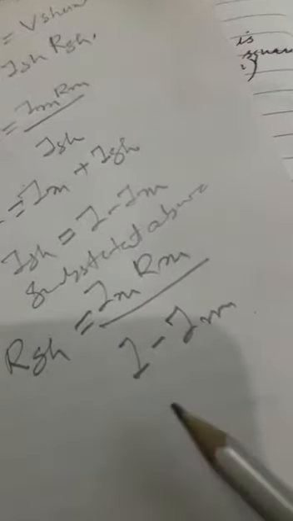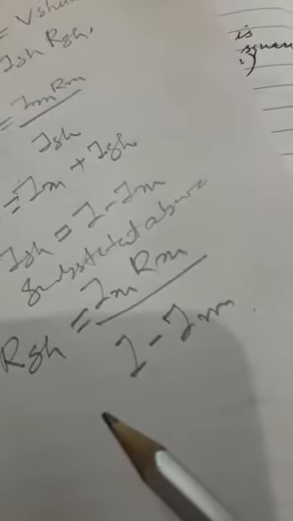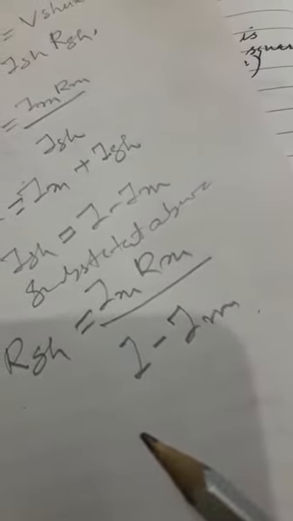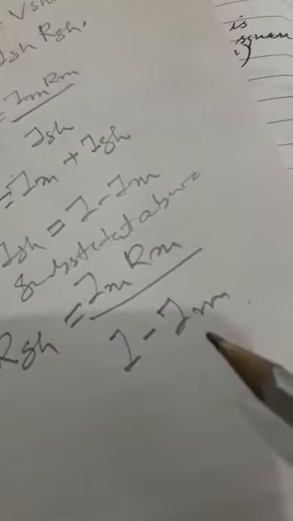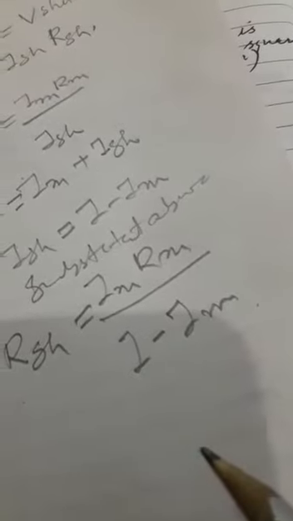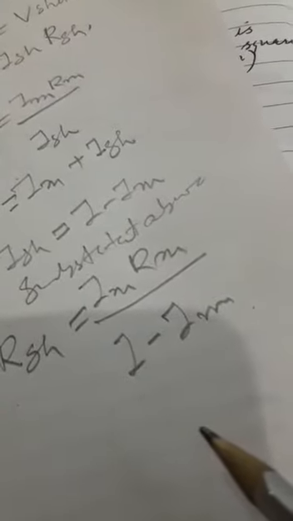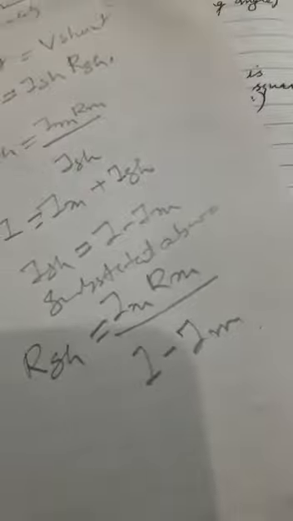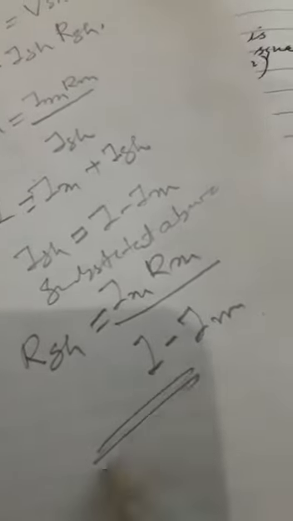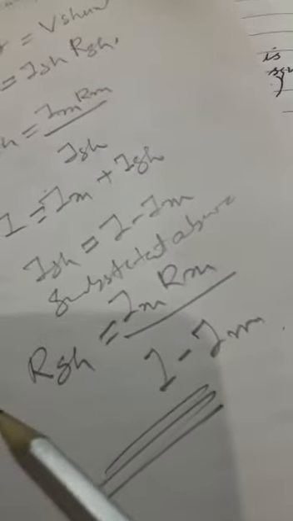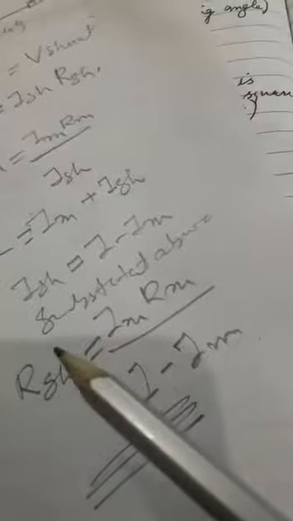I is the total full scale deflection current of the ammeter, minus IM, the full scale deflection current of the meter. So this is the relation you require for shunt resistance. This should be calculated, and you can measure high levels of current through the circuit.